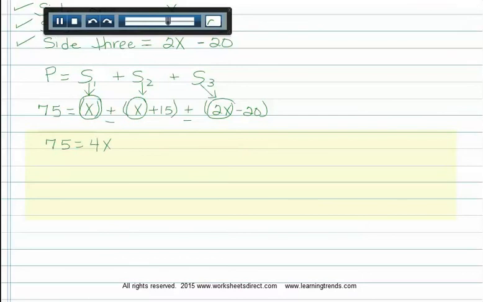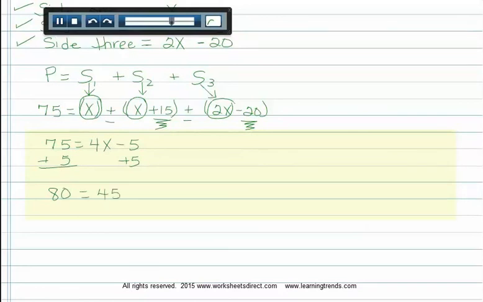We next can combine our positive 15 and our negative 20, which gives us a minus 5. So we have 75 equals 4x minus 5. Let's go ahead and add 5 to each side. And that gives us 80 equals 4x.